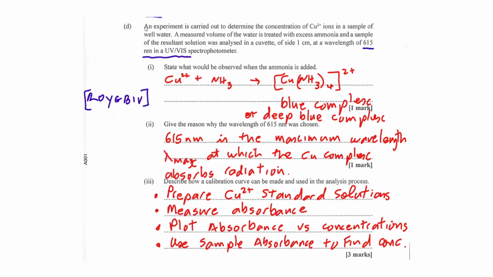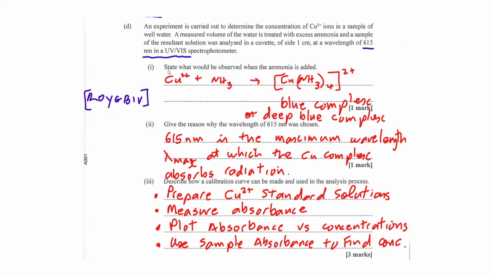Part D. An experiment is carried out to determine the concentration of copper 2 plus ions in a sample of well water. A measured volume of the water is treated with excess ammonia, and a sample of the resultant solution was analyzed in a cuvette of side 1 cm at a wavelength of 615 nanometer in a UV-Vis spectrophotometer.